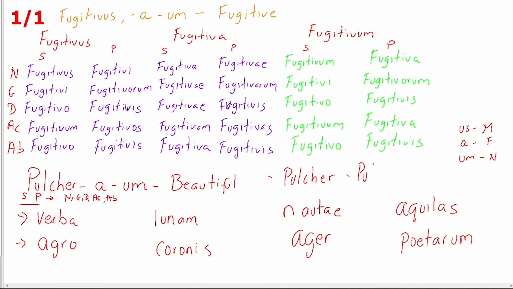Then feminine would be pulchra and neuter would be pulchrum. So you can do this full thing first and then look at this, or individually try to guess. But my suggestion would be, make a chart like this of all the three, so then you can easily identify and find out what it is. So what is the adjective for verba, what will be for agro, lunam, coronis, and so on.